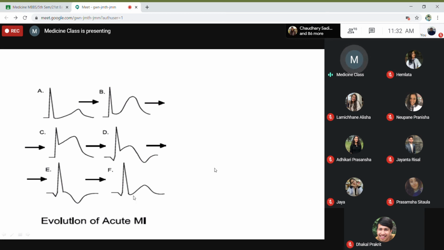There won't be any ST segment elevation, and the T wave will be normal. So the appearance of a Q wave like this is a clue that this patient may have had an MI in the past.